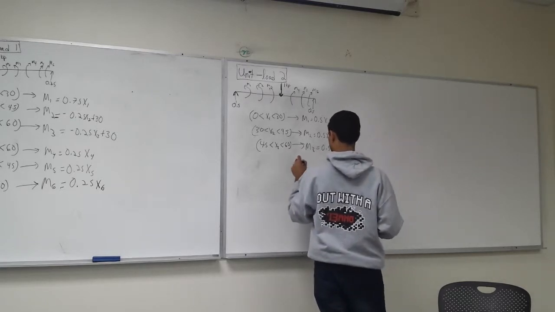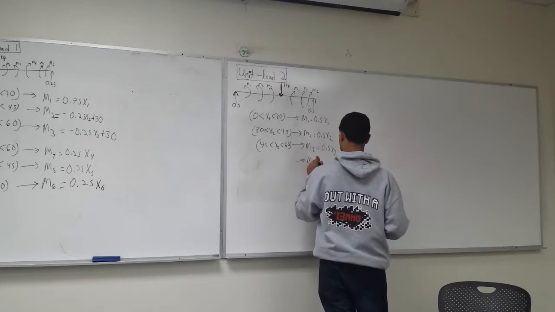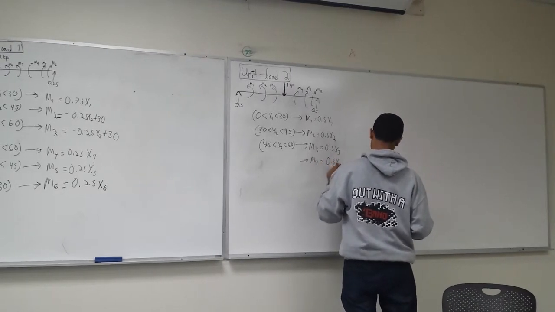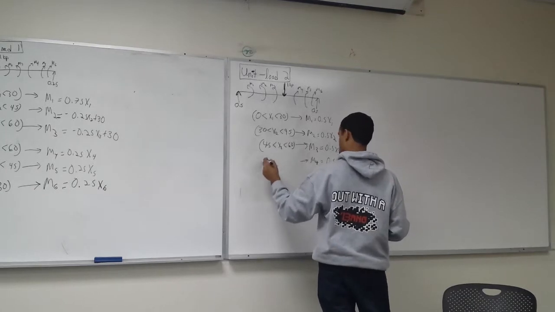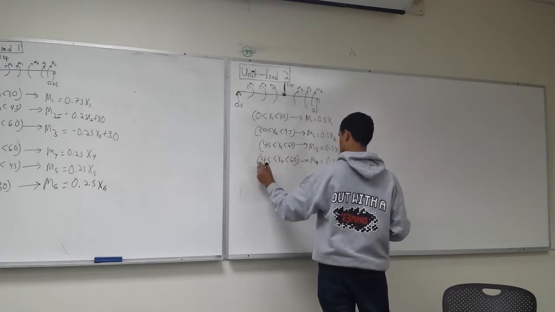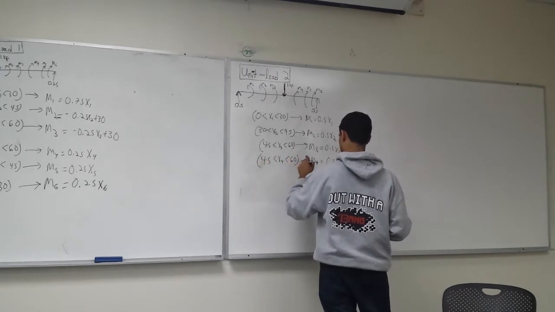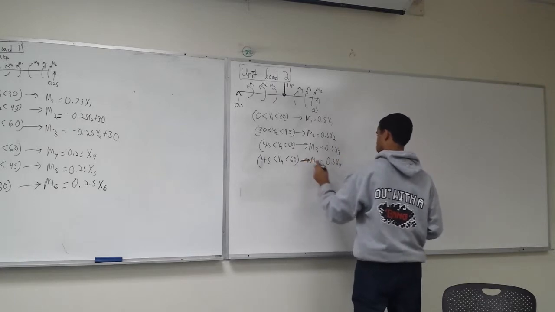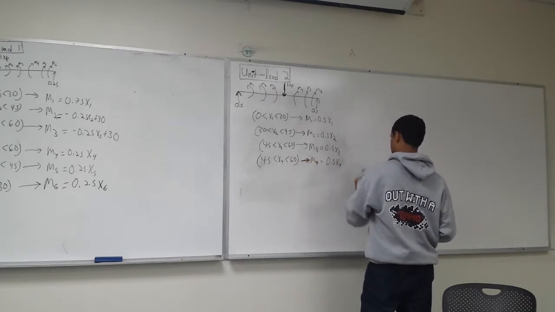For M4, 0.5 times x4, again from 45 to 60, because we're going from right to left.